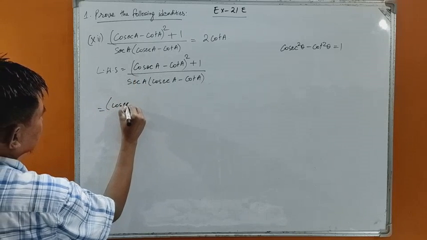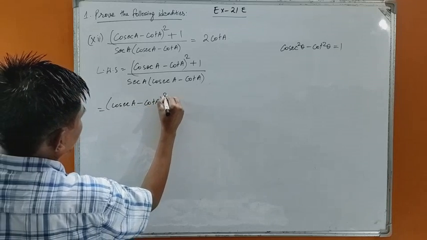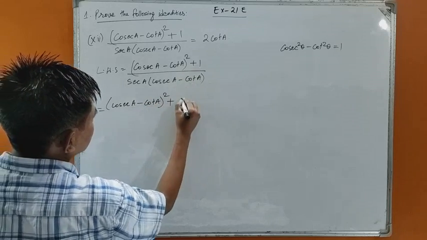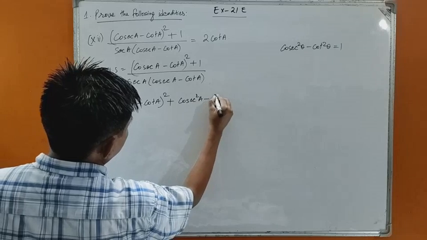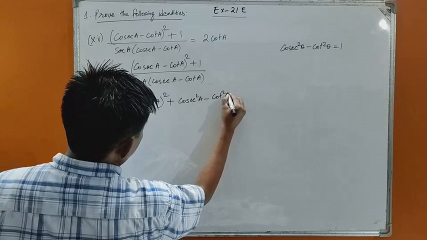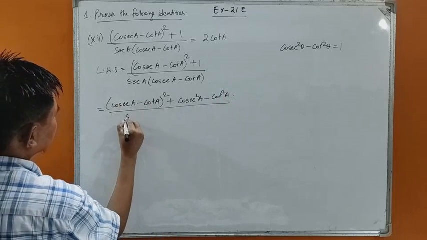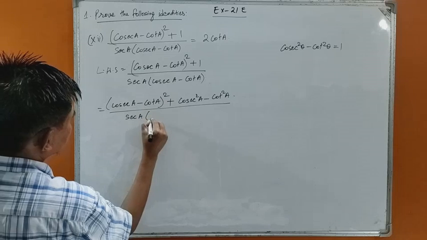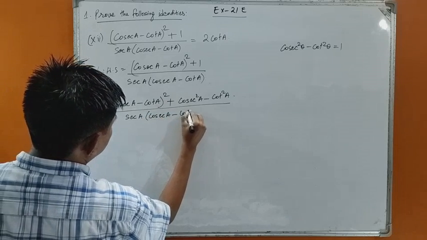(Cosec A minus cot A) whole square plus 1 means cosec square A minus cot square A. So in the denominator we have sec A into (cosec A minus cot A).